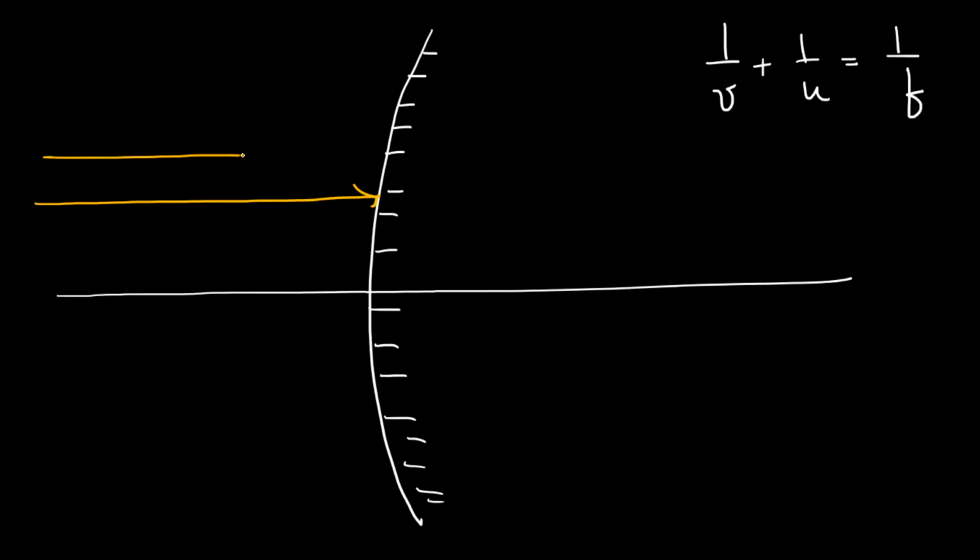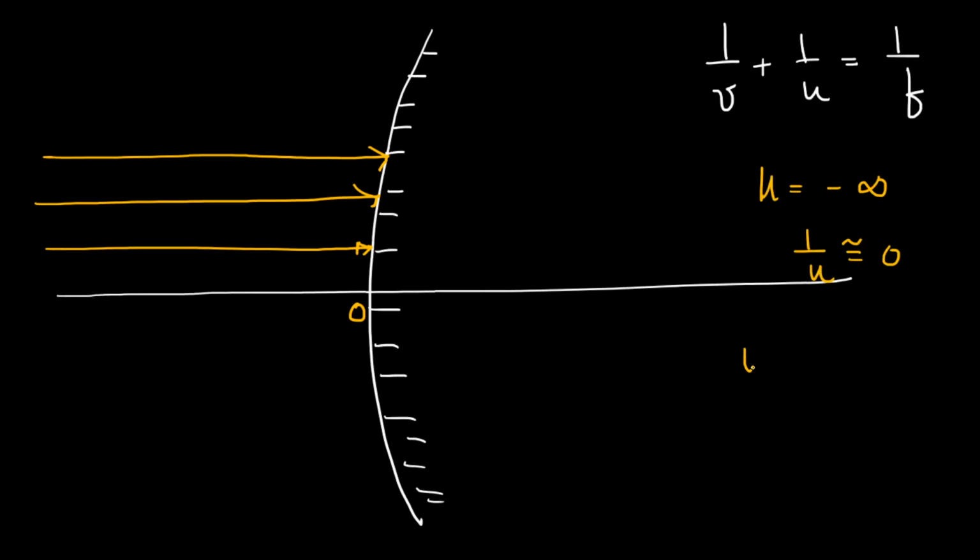The reason that they're parallel is because they meet at infinity, and two lines meet at infinity only if they're parallel. And they're all coming parallel to this axis, which is passing through the origin. Now what this means is that u is minus infinity. Now this immediately means, like previously, 1 by u is nearly 0.